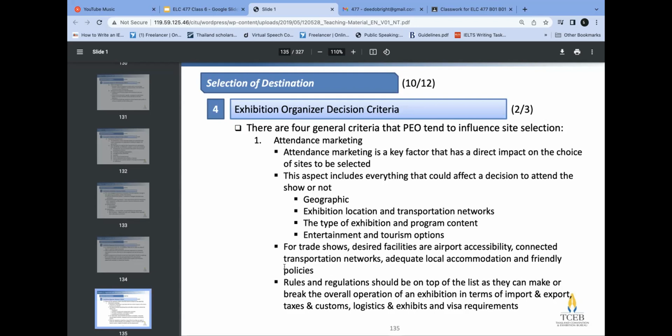Rules and regulations here should be on top of the list, as they can make or break the overall operation and exhibition in terms of logistics and exhibition requirements here.